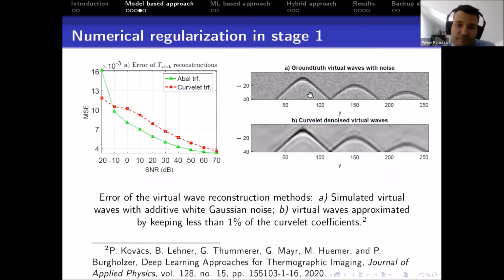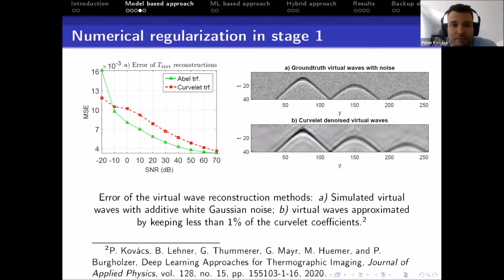And if we take a noisy virtual wave image, and in the curvelet domain we use only 1% of the overall number of curvelet coefficients and take the inverse curvelet transformation, then we can still get back the main characteristics of the virtual waves. We have some artifacts, but still the virtual waves are visible on the image by using only 1% of the overall number of curvelet coefficients.